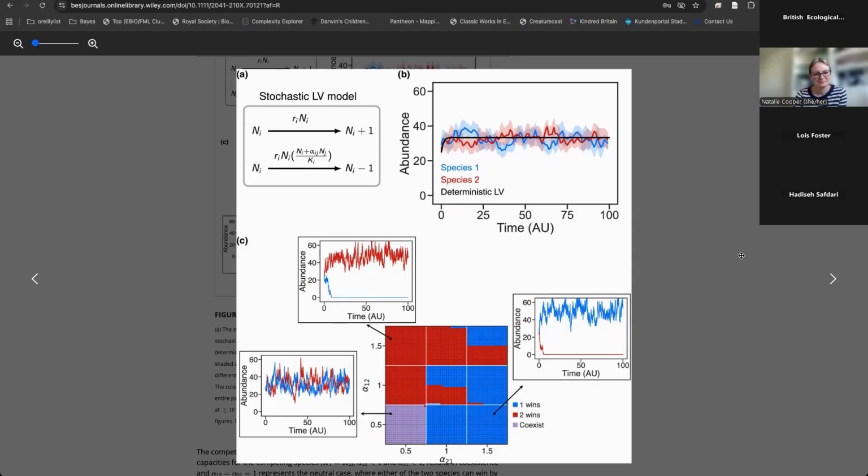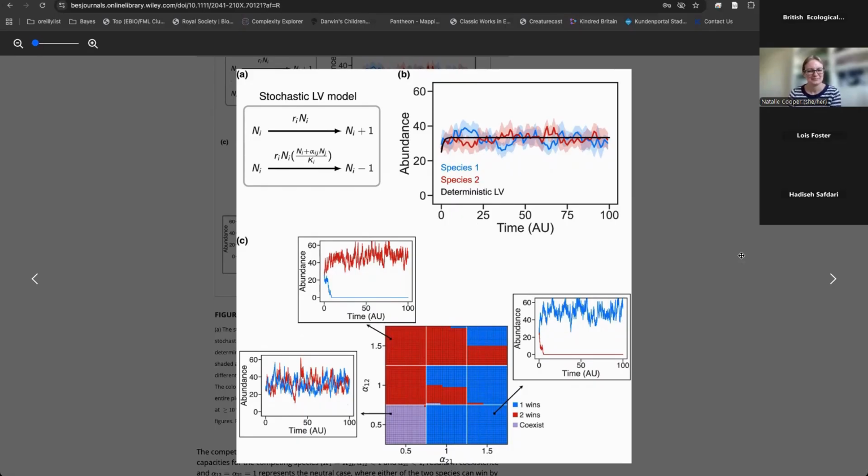Different combinations of alpha are used. With alpha 0.5 for both species, all the outcomes are coexistence. Because it's a random simulation, you had one case that was not coexistence, but that is just par for the course.